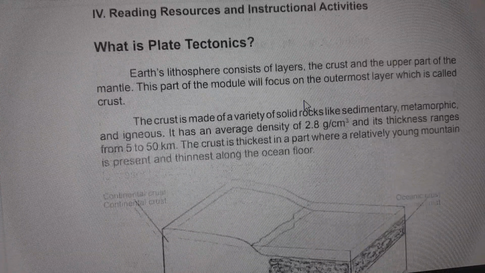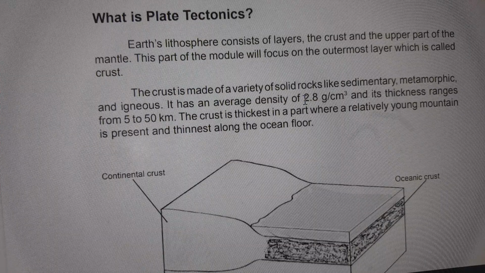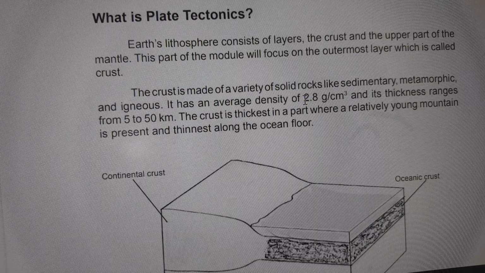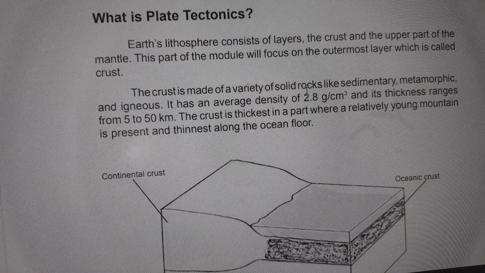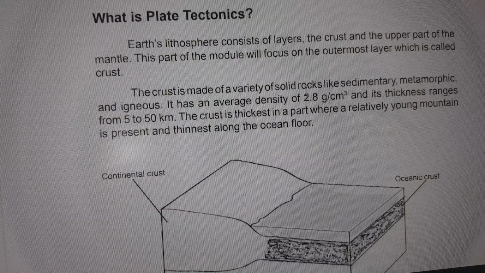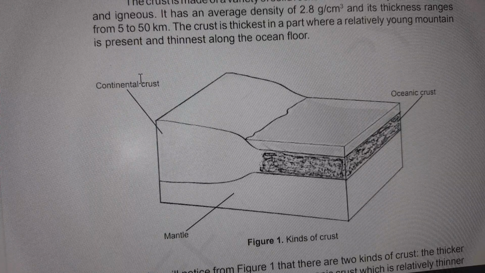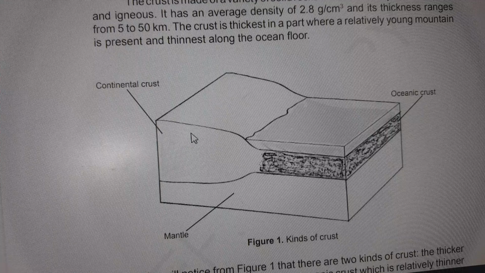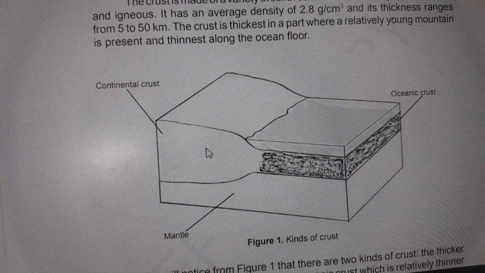Okay, what is plate tectonics? Ano nga ba yung tinatawag nating plate tectonics? Earth's lithosphere consists of the crust and the upper part of the mantle. Okay, so looking at the picture, class, we have the continental crust, this part, the one that I'm showing to you.